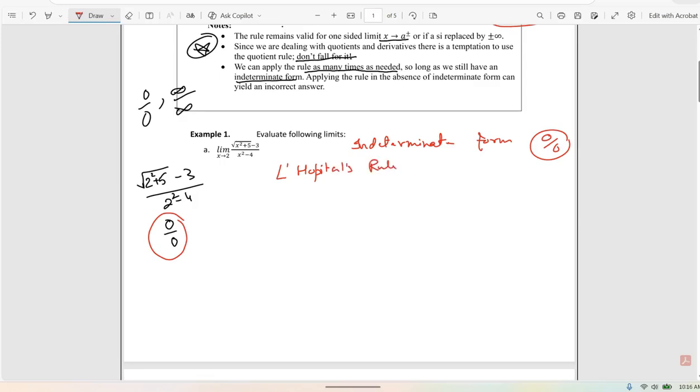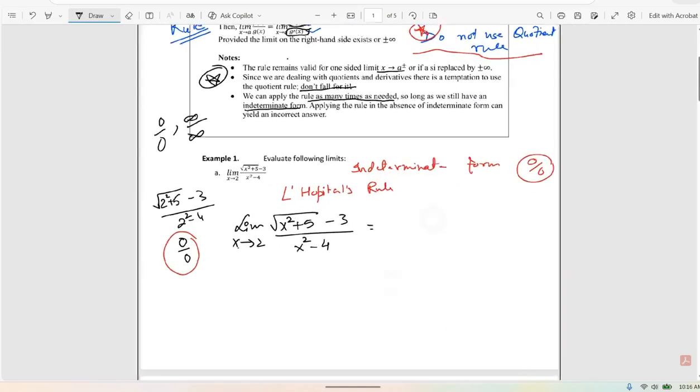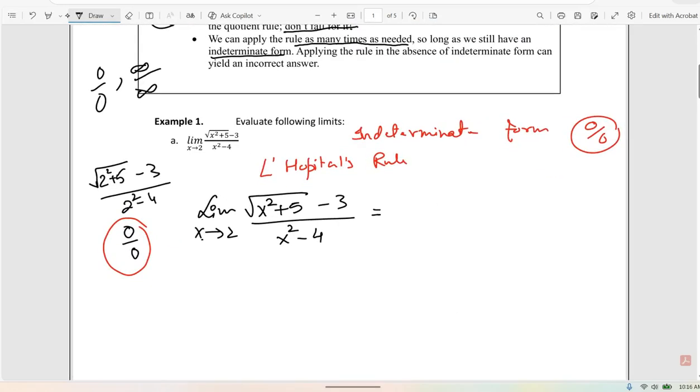Let's actually try the rule. We need to find this limit. Now, I do want to remind everyone that in your Cal 1 class, your teacher would probably have shown you this using rationalizing, and that's a perfectly fine way of doing that too.